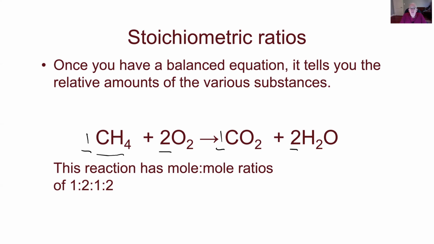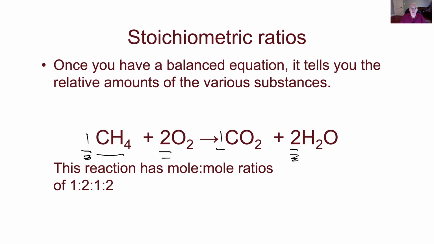Notice when we write the equations where the coefficients would be ones, we don't usually write them in there, okay? But there is always an implicit 1 in front of anything that doesn't have a number just sitting there in front of it. So we could say that I need to have 2 moles of oxygen for every 1 mole of methane. We could say that I make 2 moles of water for every 1 mole of methane, and so on. We can take any of those things in combination, right?